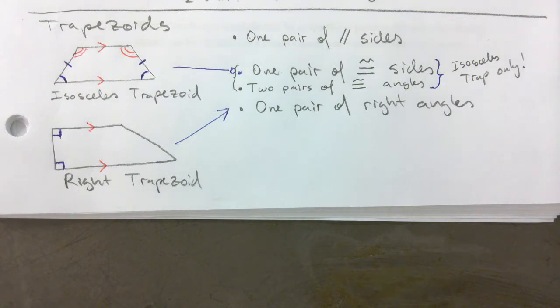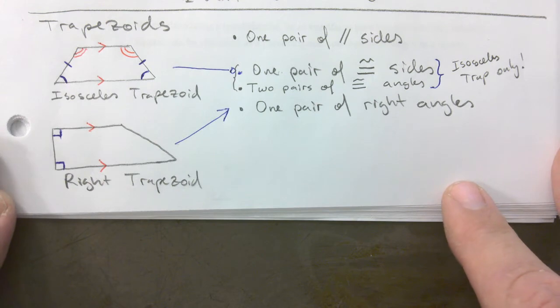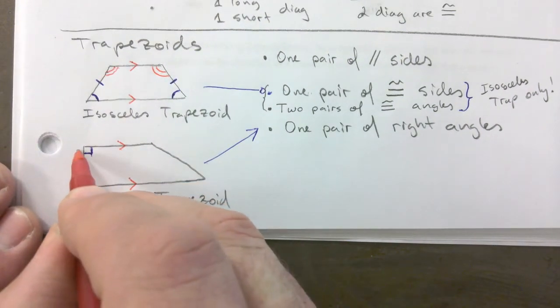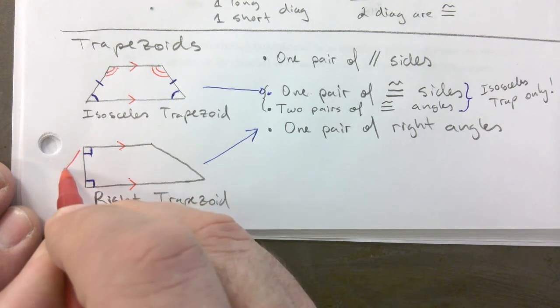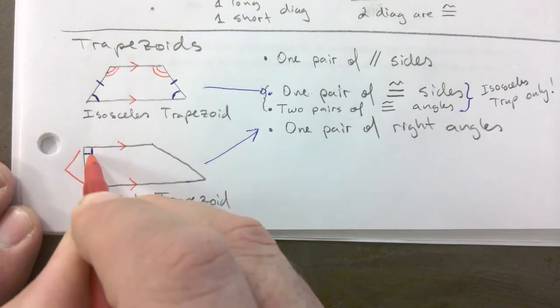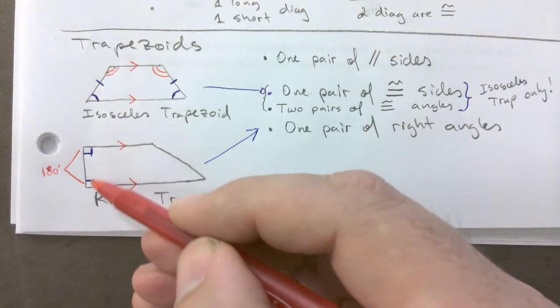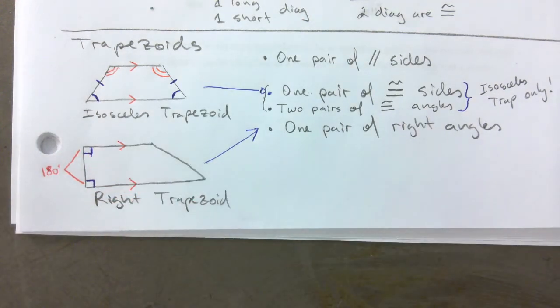And now, before we get to the kite, which is the last one, I'm going to get you to add something to every single one of these. This is true for all of them. I will do this on the side, on the margins here. Whenever you look at a shape, these two angles always add up to 180. And this one is easy to tell, right? 90 and 90 is 180.